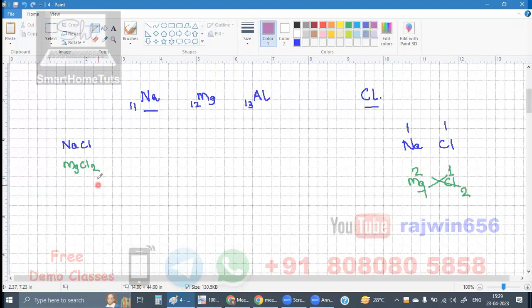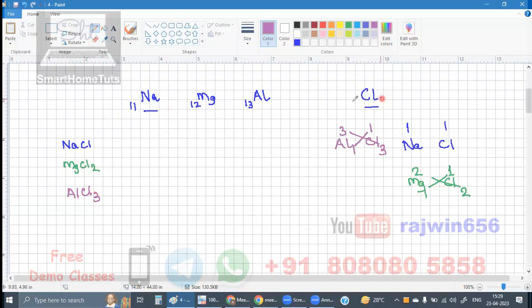I'll take the third part now. Aluminium 2, 8, 3, so its valency is 3. Chloride valency is 1. I'll exchange these valencies, so the formula is AlCl3.